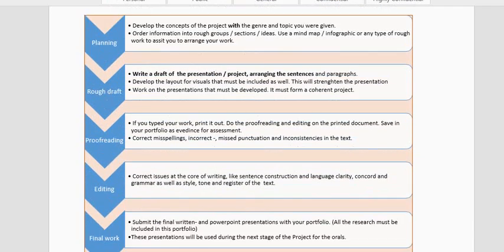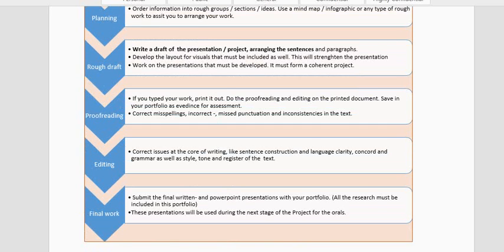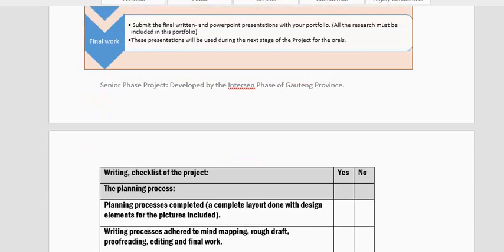So, in the research part, there will be a mind map in which the information is summarized and organized, and then from there, when they start with the planning of the writing part, there also should be a mind map, a planning part, a rough draft, a proofread, editing, and a final piece then.